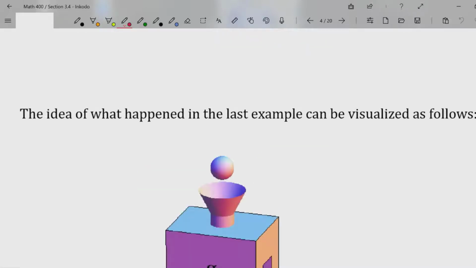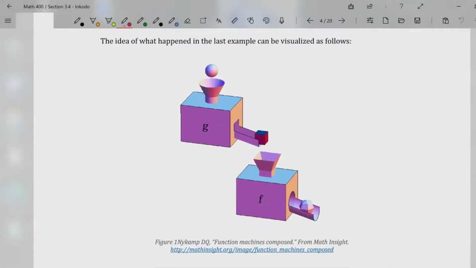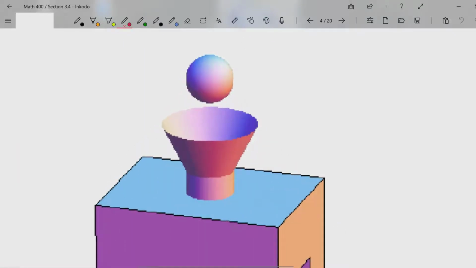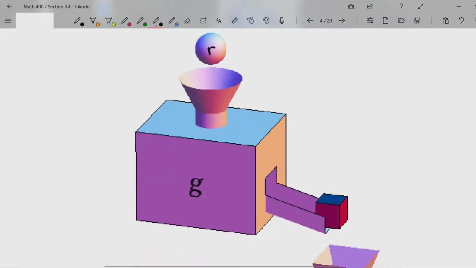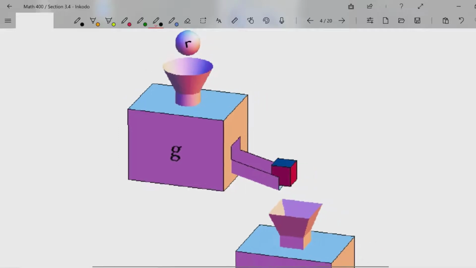So the idea of what happened in the last example can be visualized as follows. And I stole this from, and I'm citing the source, the website mathinsight.org. You have a function g and a function f. You're plugging in a value of r into that function g, and out pops some value.